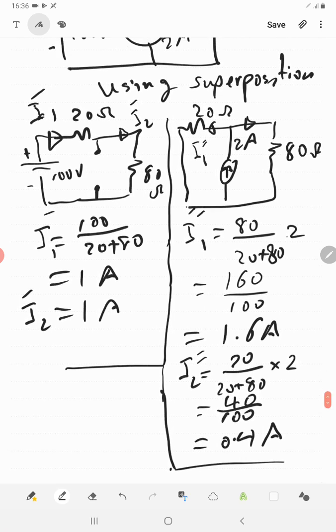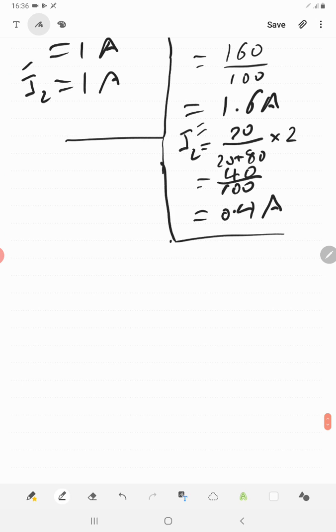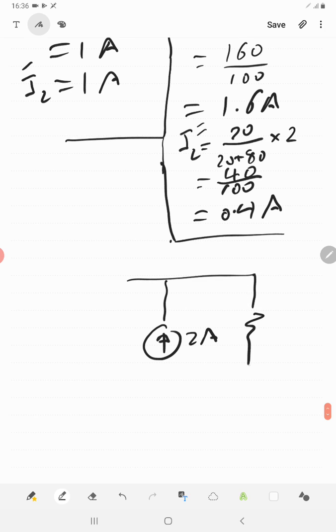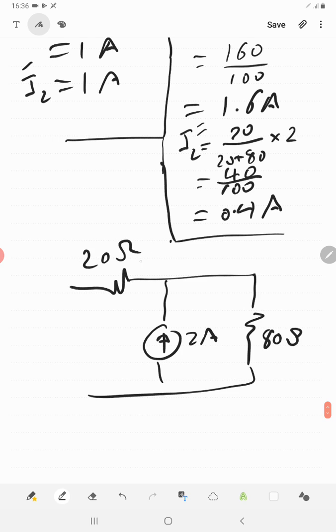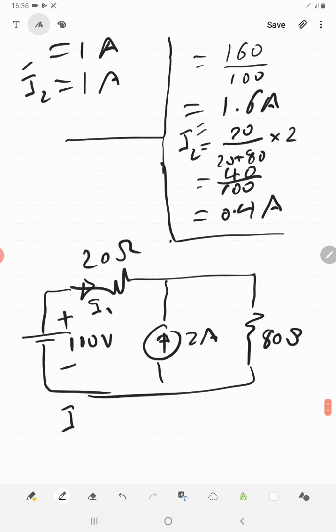Now if we go back to the original circuit, we have 2 amps and we have 80 ohms here, okay, and we have a resistor here of 20 ohms, and we have a voltage source here, plus minus 100 volts. Now we calculated I1. I1 is equal to I1 prime minus I1 double prime.